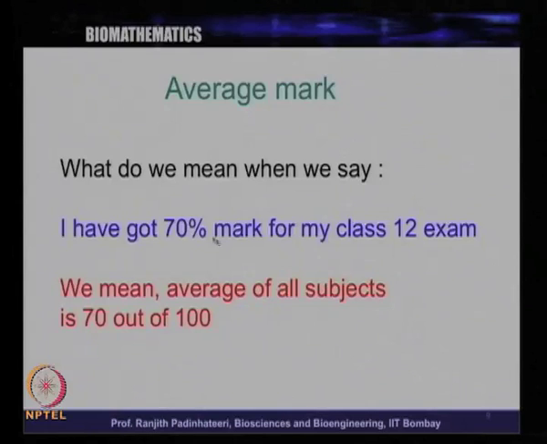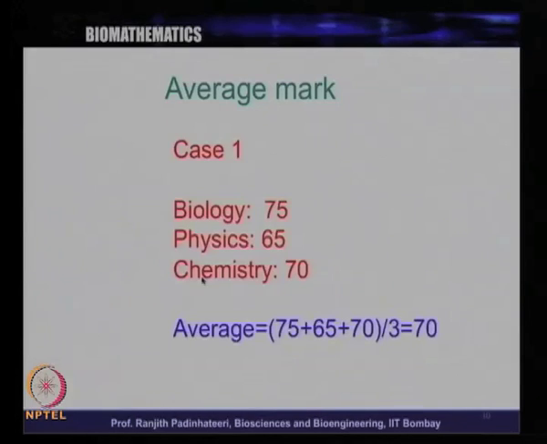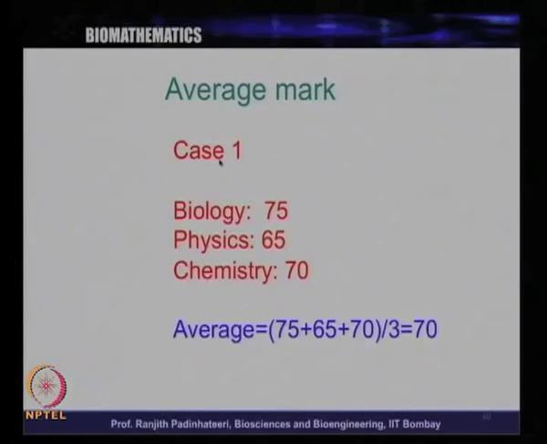So, let us try and understand this a bit more. Such a situation you might have said. So, let us take one case for this. In this case I am discussing 3 subjects: biology, physics, chemistry.